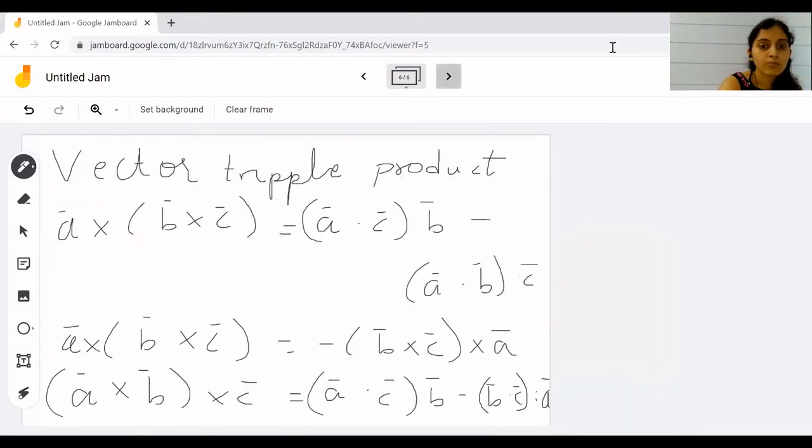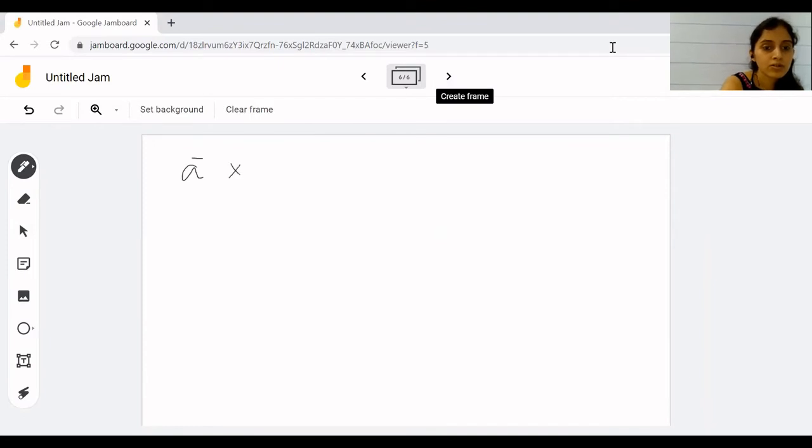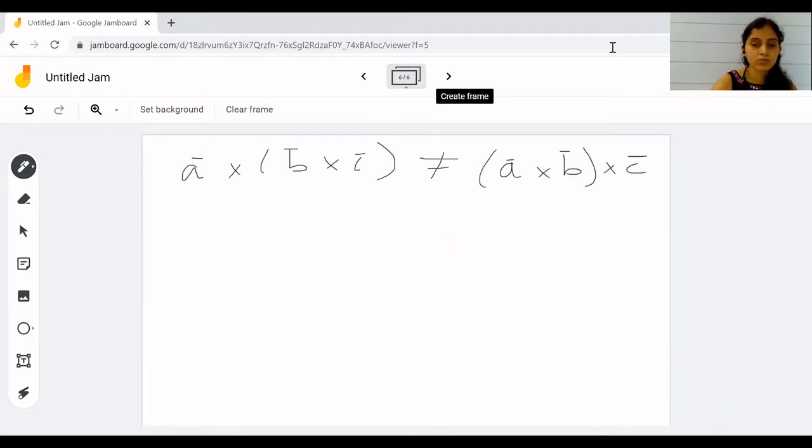Now this one property is very important. A bar cross B bar cross C bar is not equal to A bar cross B bar cross C bar taken the other way; that is, you cannot just open it, or you can't use the distributive law over here.